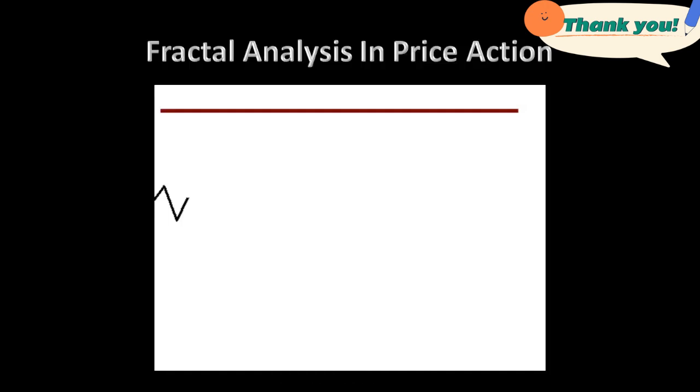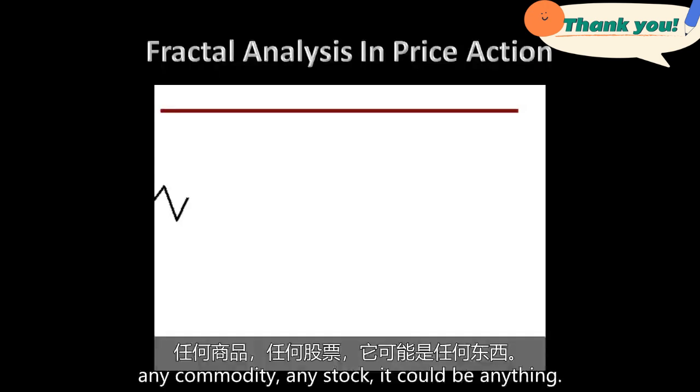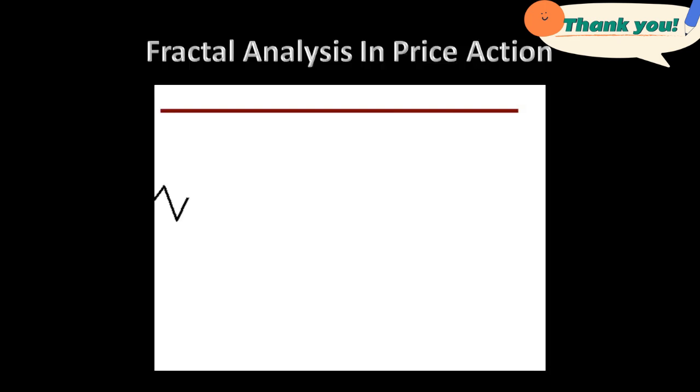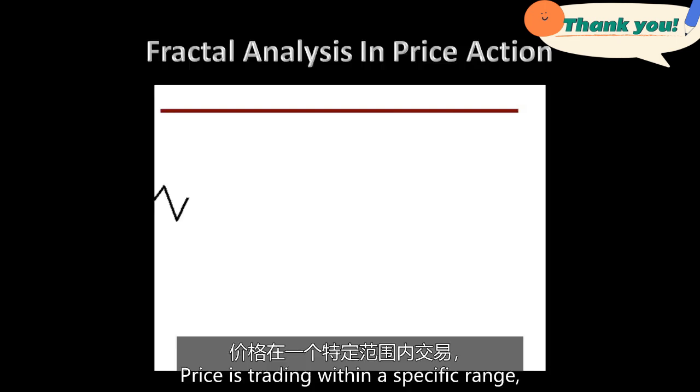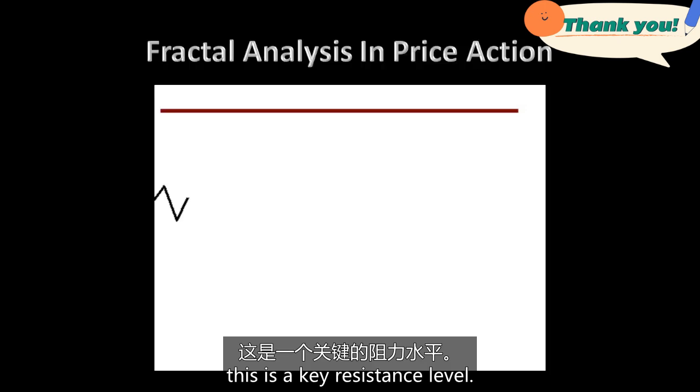All right, we're looking at what could be any price, any commodity, any stock. It could be anything, but for now, we're just going to talk about this being a currency pair. Price is trading within a specific range, and we notice that above where price is currently, there is a key resistance level.